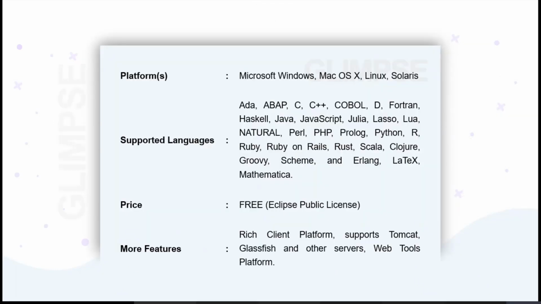The platforms it supports are Microsoft Windows, Mac, Linux, and Solaris. It supports plenty of languages. The price is free because it is covered under the Eclipse Public License. More features: this is a rich client platform, and it supports Tomcat, GlassFish, and other servers, and web tools platforms.